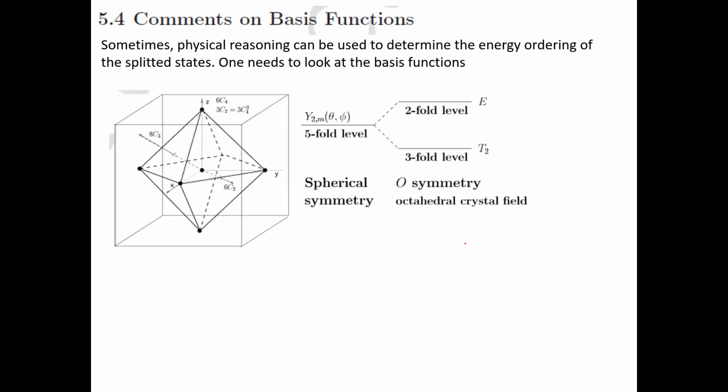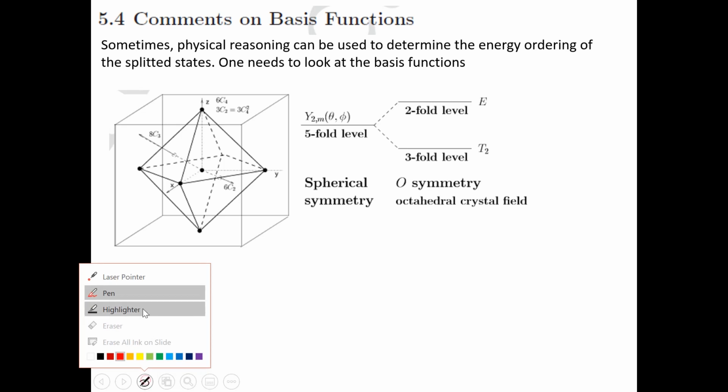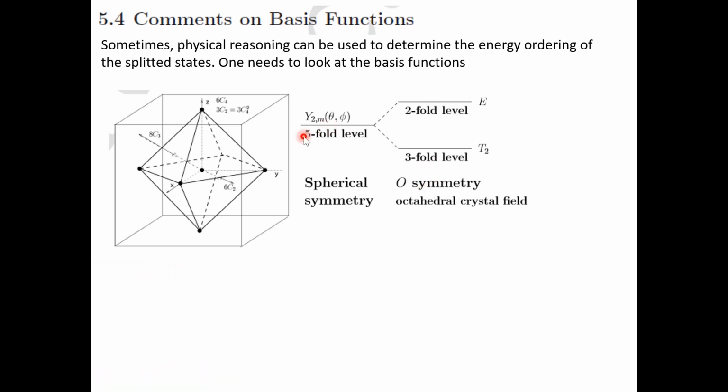So this is the example we did last time. We had a D state under a cubic crystal field, and we saw that for this particular case, the originally five-fold degenerate level would split into a three-fold and a two-fold level with T2 and E symmetries, but we don't know which one is lower in energy.